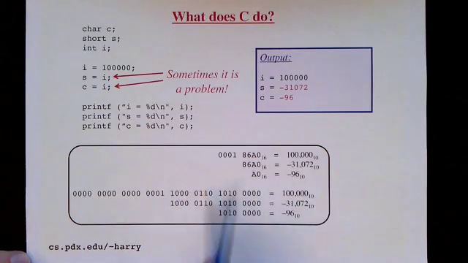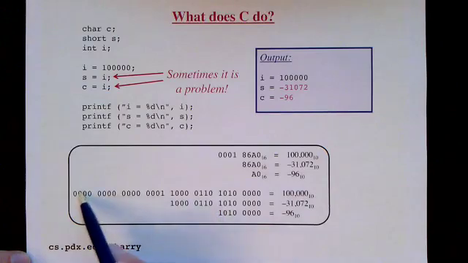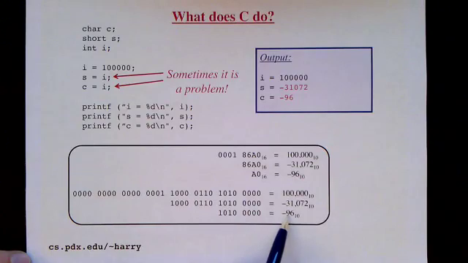And then when we chop it down to a byte, we're chopping off a bunch of significant bits. And again, the sign bit is negative in the result, whereas in the original it was positive. So this happens to be the representation for negative 96.